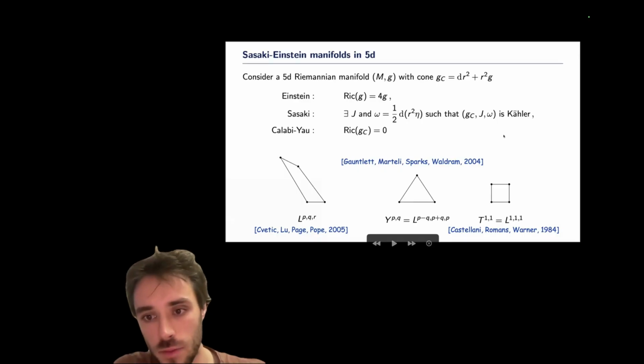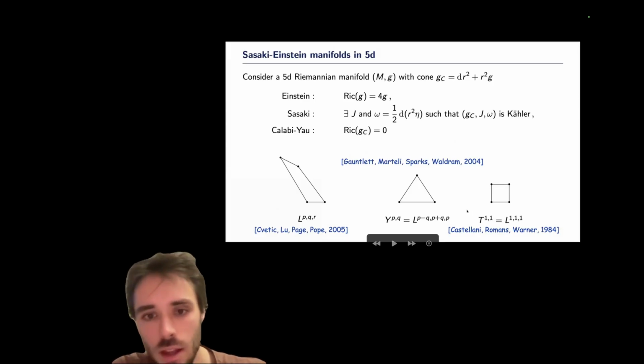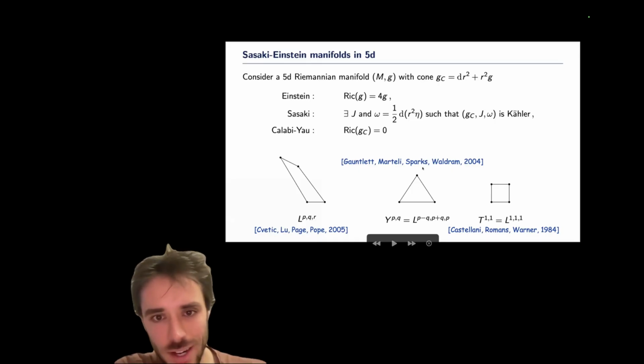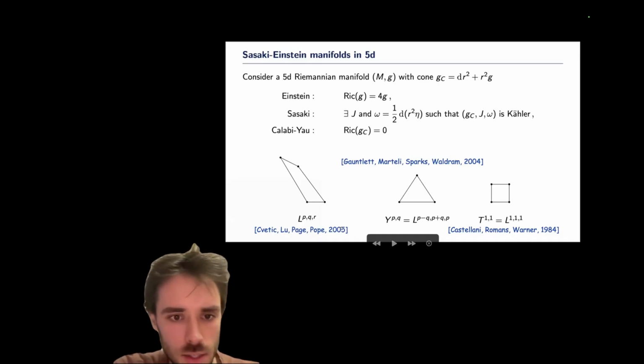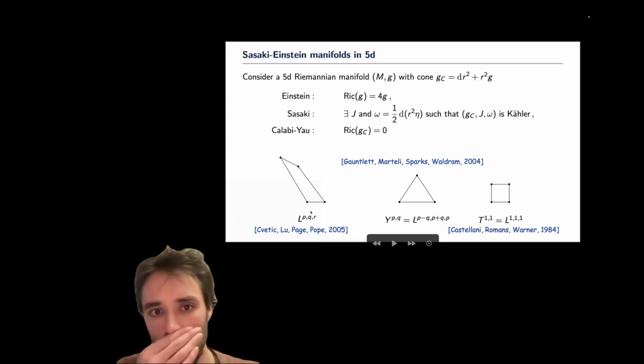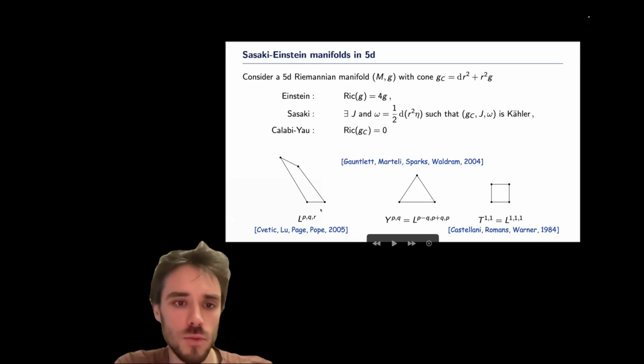Now you look for solutions and you find some. The first solutions of this type are from 1984, but they're not particularly interesting. Well, they're interesting in their own right, but the really spicy ones came out in 2004 and were immediately generalized one year later to this L^{pqr}, where p, q, and r are three parameters of that solution.